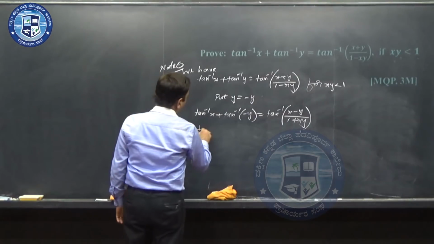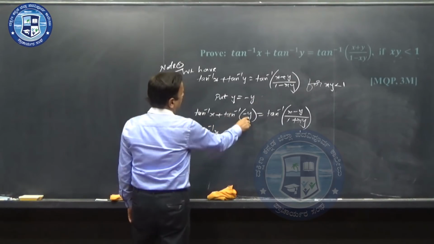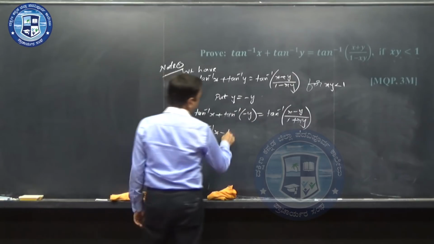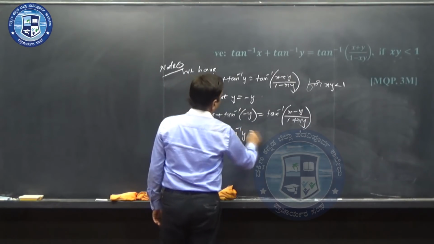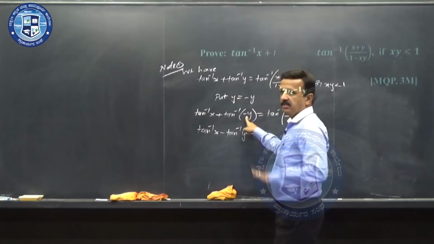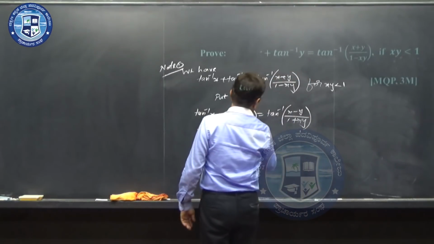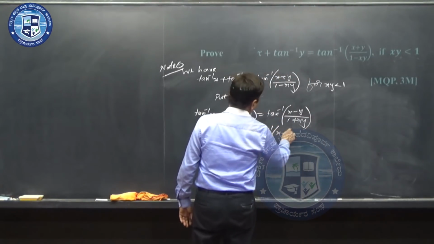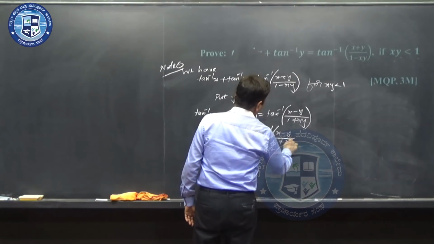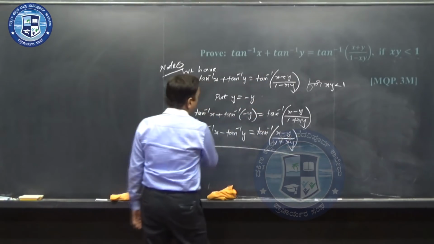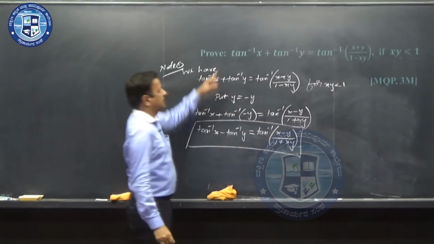So, therefore, this will be tan inverse of x, tan inverse of minus y, you know this is minus tan inverse of y. Tan inverse of minus k is minus tan inverse k is equal to tan inverse of x minus y divided by 1 plus xy.